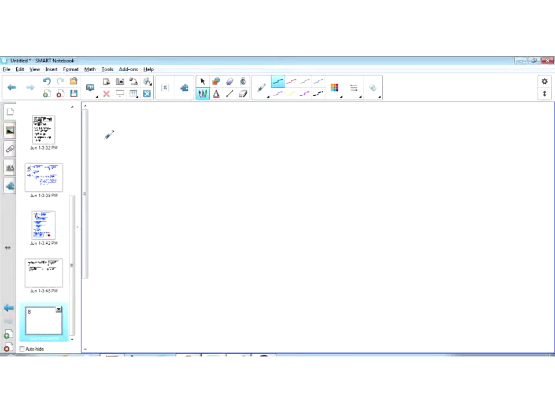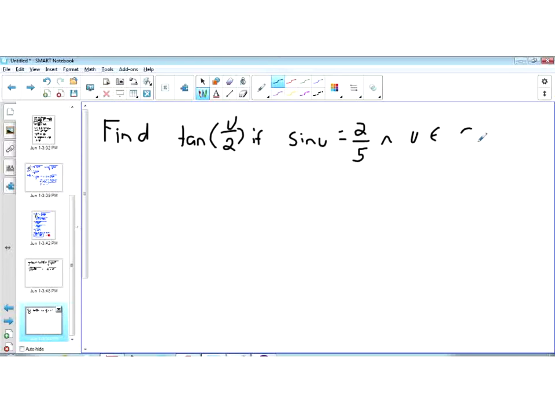Find the tangent of u over 2, if sine of u is equal to 2/5 and u is in quadrant 2. Okay, this symbol right here means u is an element of quadrant 2.